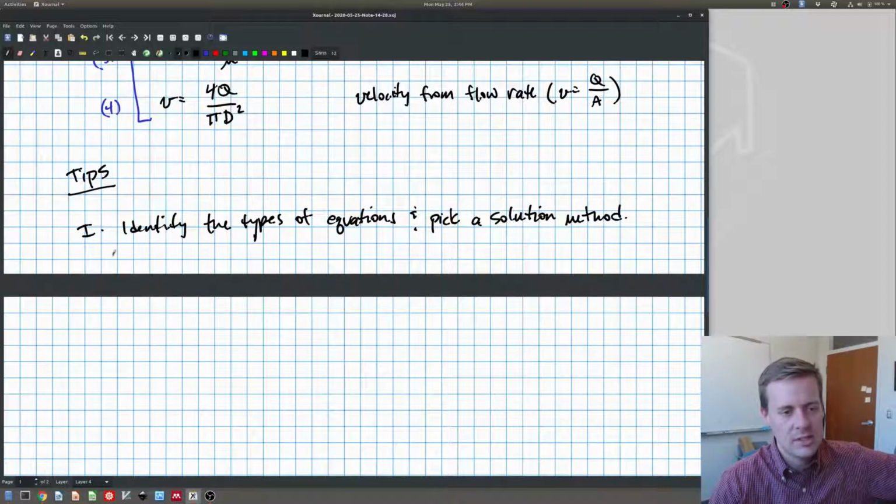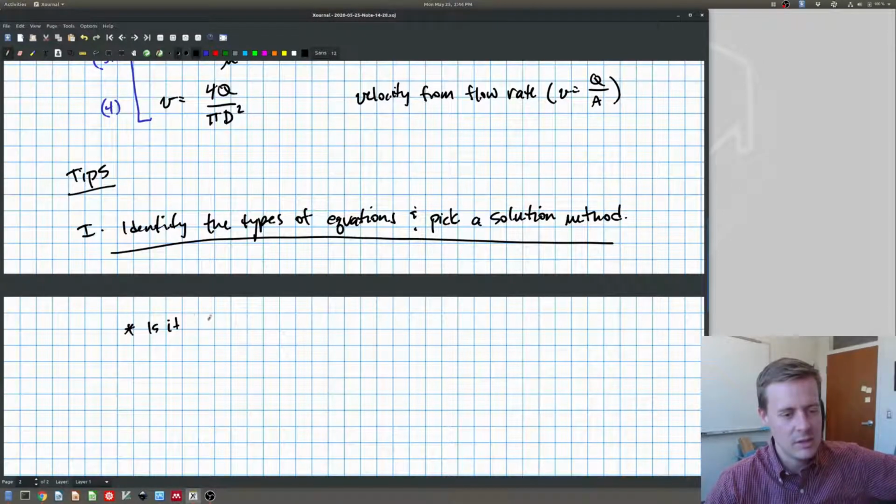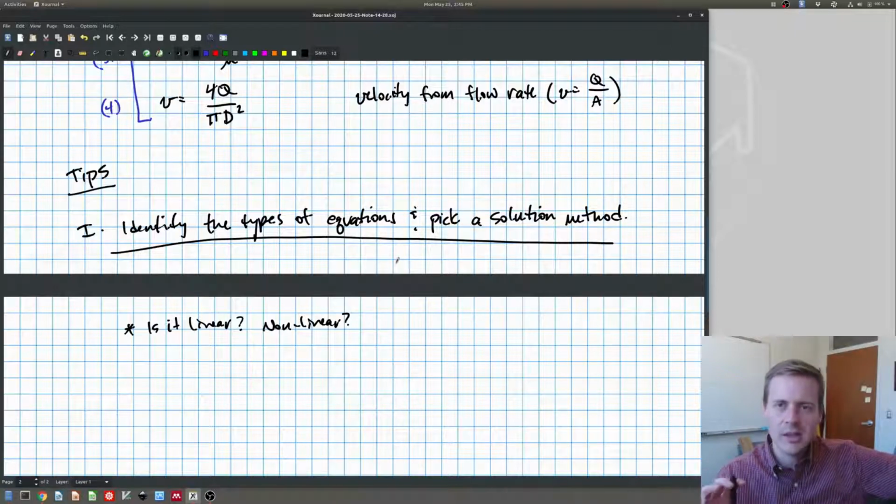So that's tip 1 to solving these kinds of problems. When I say identify the types of equations, what do I mean? I mean, is it linear, or is it nonlinear? We're dealing with algebraic problems here, so you want to identify the kind of math problem. Is this a linear equation or a nonlinear equation? What numerical tool do I need?